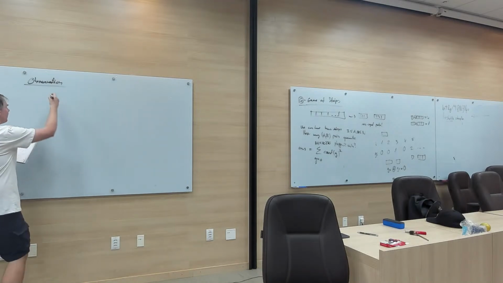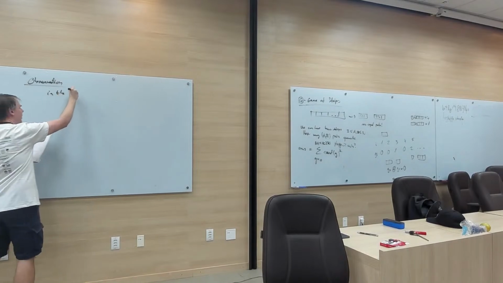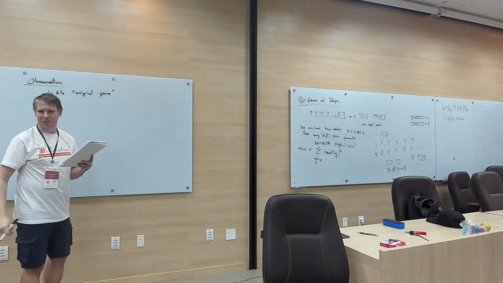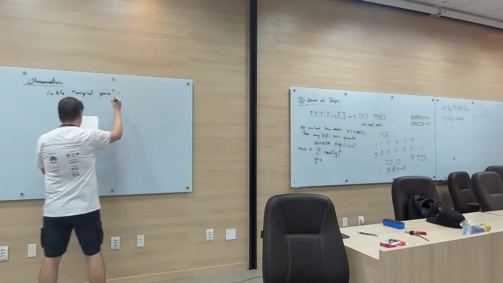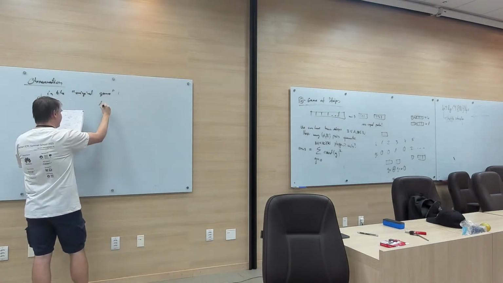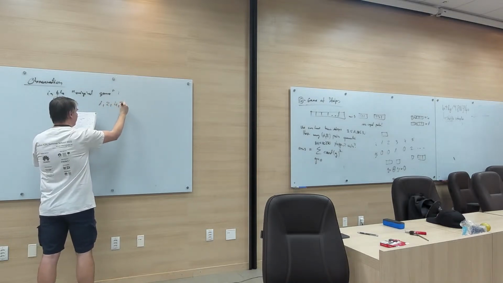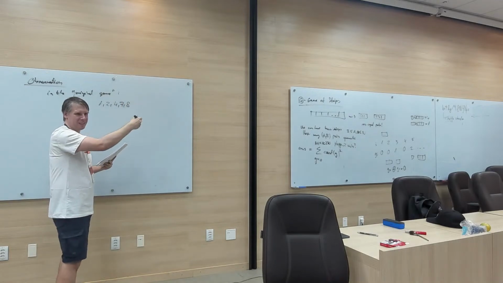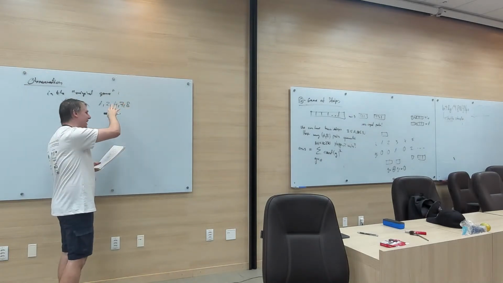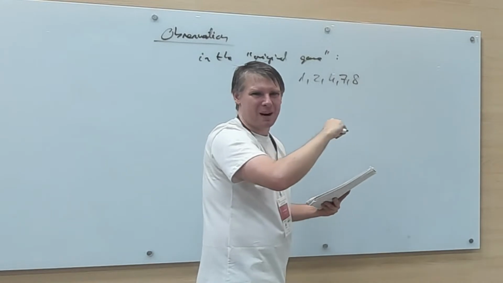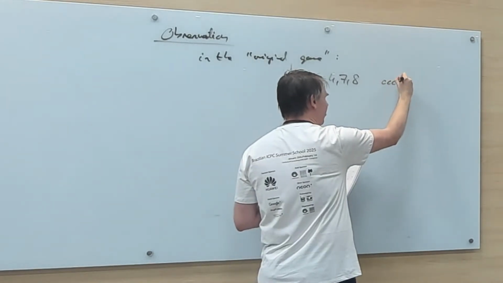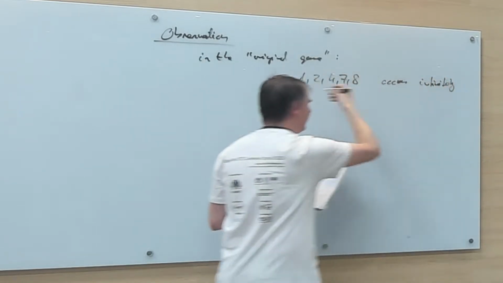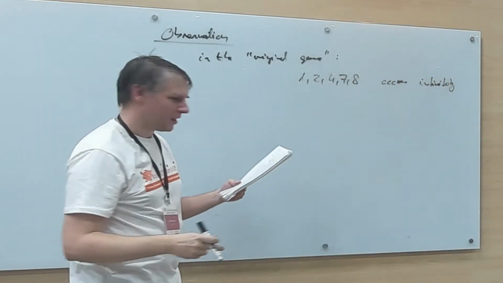In the original game, where it is allowed to break into equal parts, it turns out that values like 1, 2, 4, 7, and 8 will be part of the period, not in this order, and some of them will be slightly more frequent than the others, but will be part of the period and hence occur infinitely often. They somehow constitute the cycle.